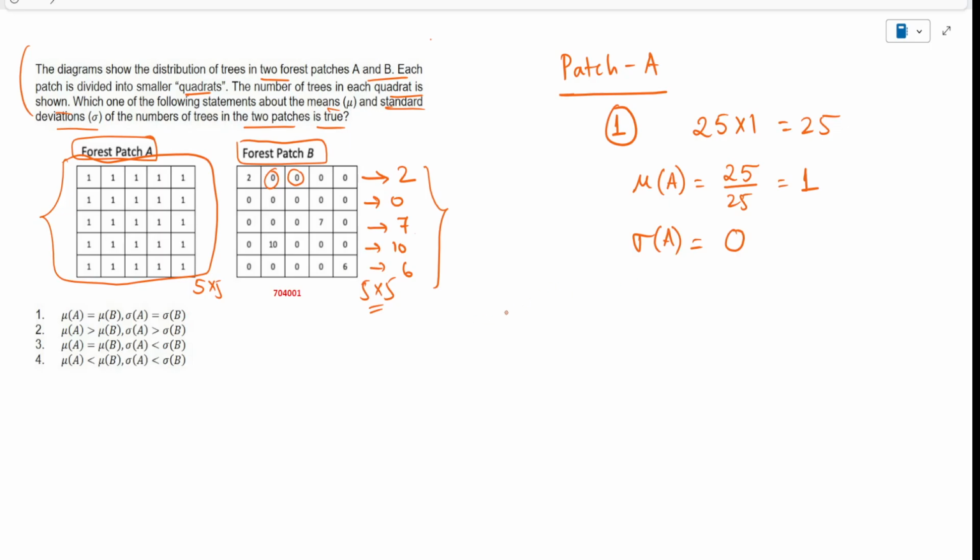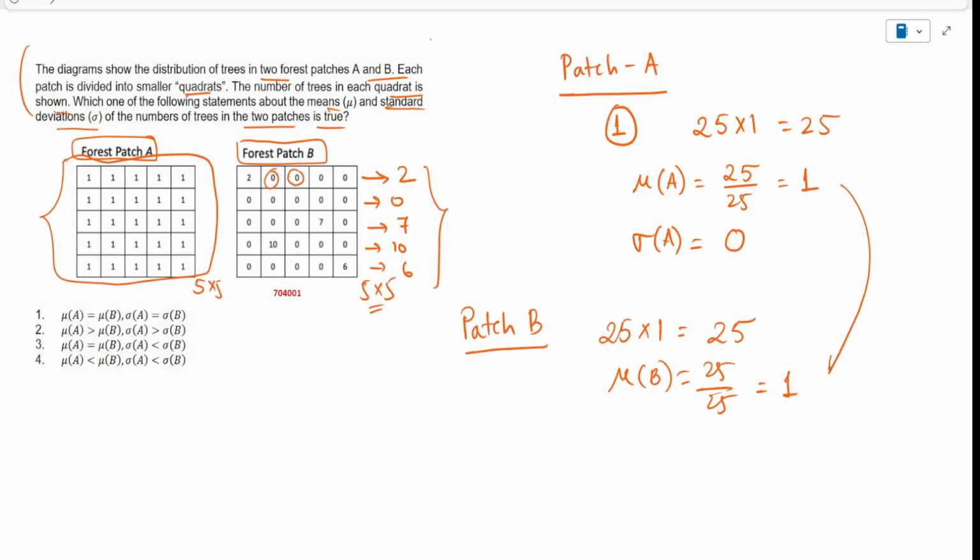Again, in case of patch B, the total number is 25. Each box contributes 1, so 25 is the total and there are 25 boxes. Therefore, the mean mu of B is 25 upon 25, which is equal to 1. That means mu A equals mu B.